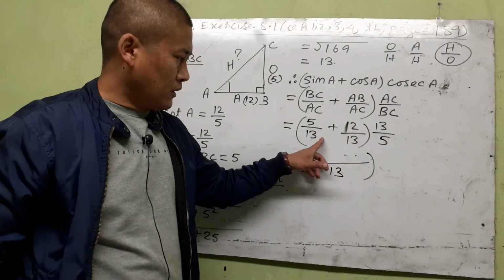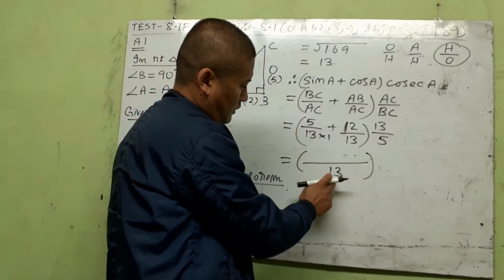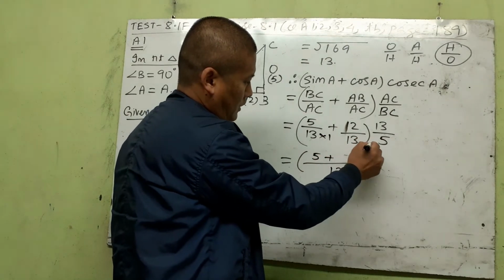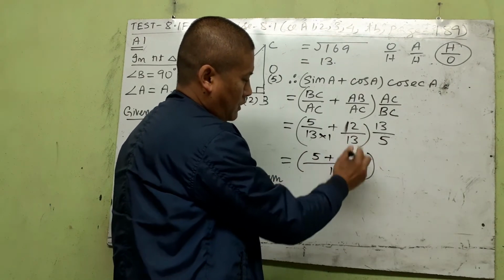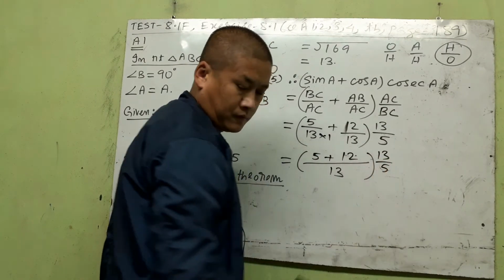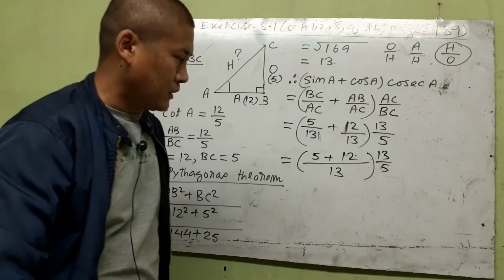So 13 ones are 13, 1 5s are 5, plus 13 ones are 13, likewise 1 into 12 is 12, and so 13 by 5. This need not be written, we are just showing it for explanation.